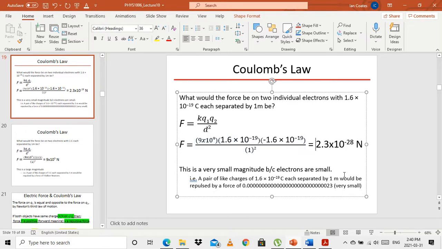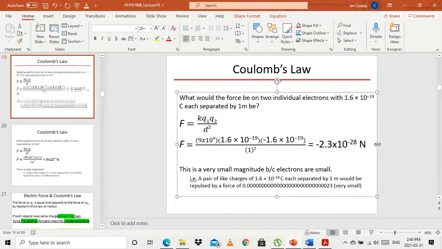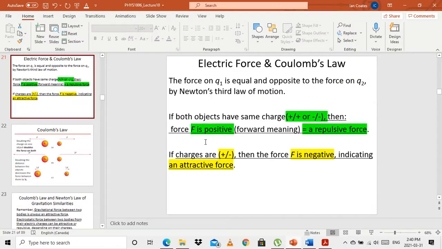The force that comes out is a negative force. That's how we know these two are going to attract each other. So that one is very important. Whatever answer you get for your force is how you tell if it's repulsion or attraction.